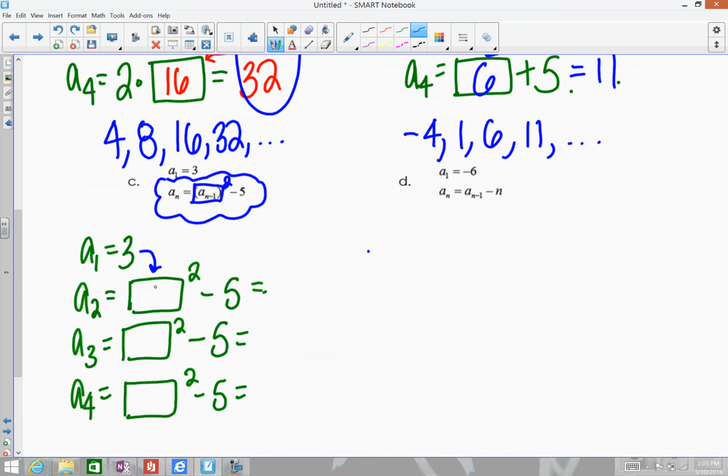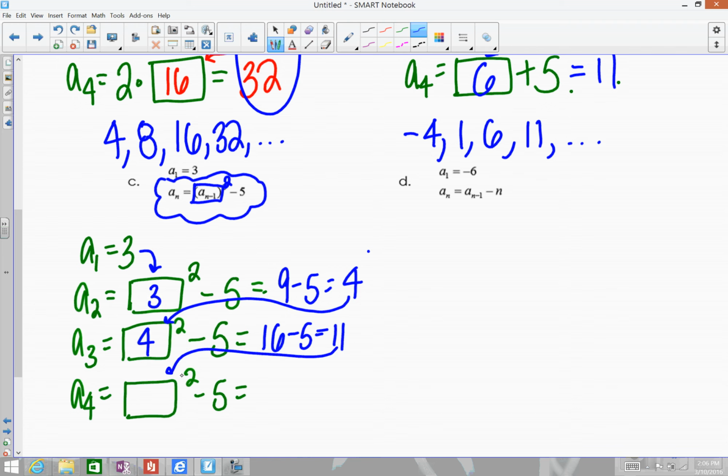So previous term, 3. 3 squared is 9 minus 5, so we get 4. So then that goes in. We get 4 squared is 16 minus 5, which gives me 11. Then that goes in. 11 squared minus 5. So we have 121 minus 5, which gives me 116.